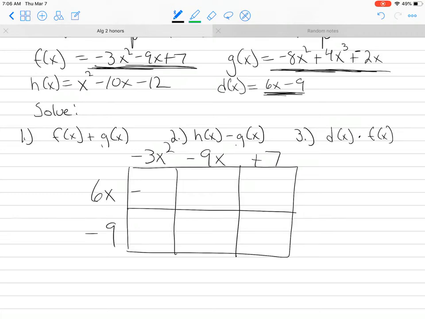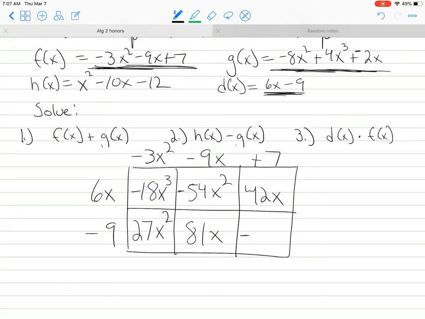So this becomes negative 18x cubed. This becomes negative 54x squared. This becomes 42x. This becomes 27x squared. This becomes 81x.